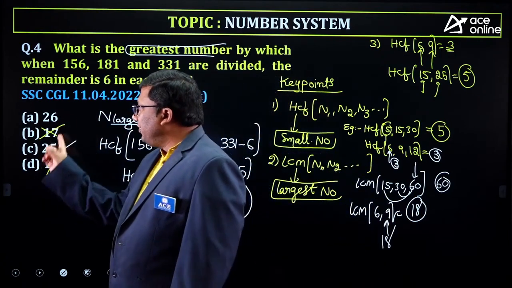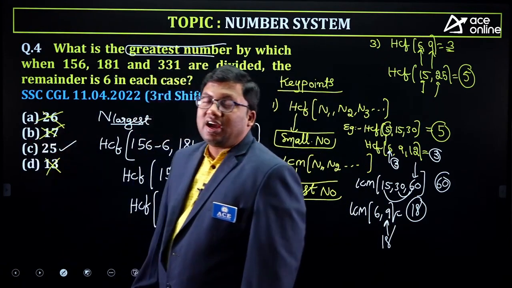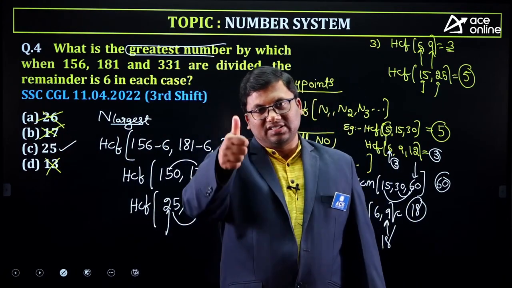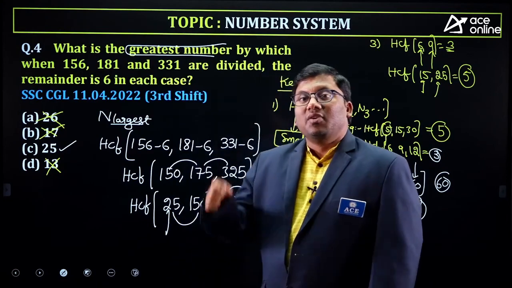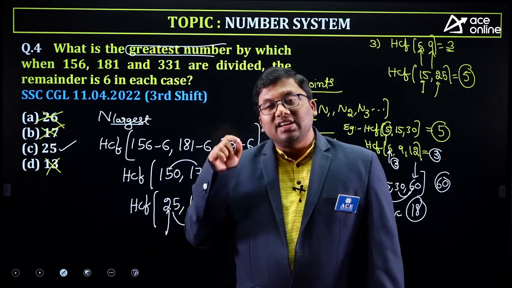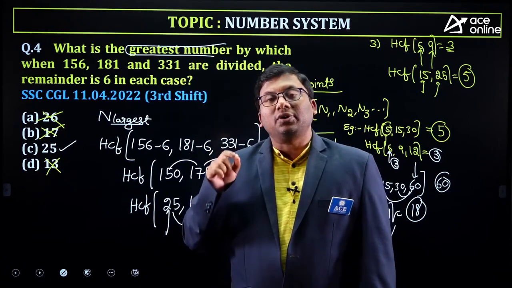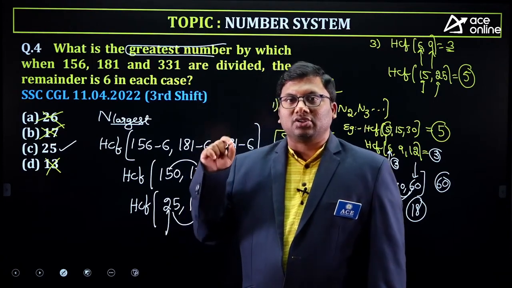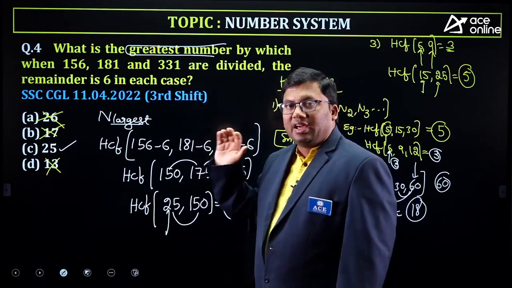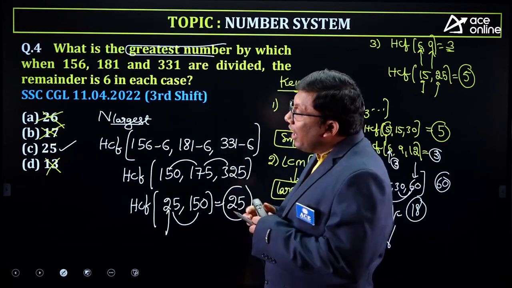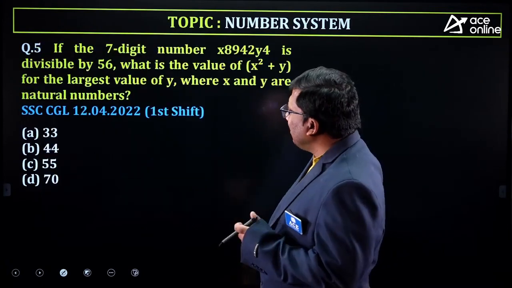If the answer is not divisible by 13, how can it be divisible by 26? Idea is clear, right? Whenever you are doing the HCF function, if the answer is divisible by k, all the input numbers should be divisible by k. I hope the idea is very much clear to you. I am going to use this a lot in the problems.